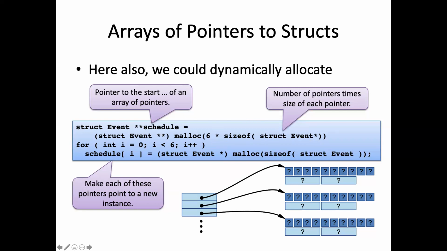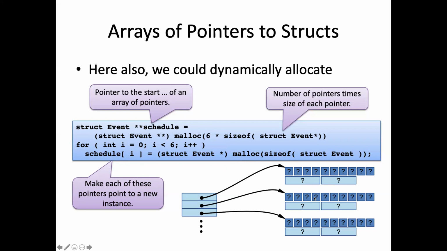So this first call to malloc, I think of that as allocating space for this column of pointers. It's uninitialized until I fill in those pointers, but that's what I do next. I loop through 6 iterations, going to the ith pointer and making it point to enough memory to hold an instance of this struct.